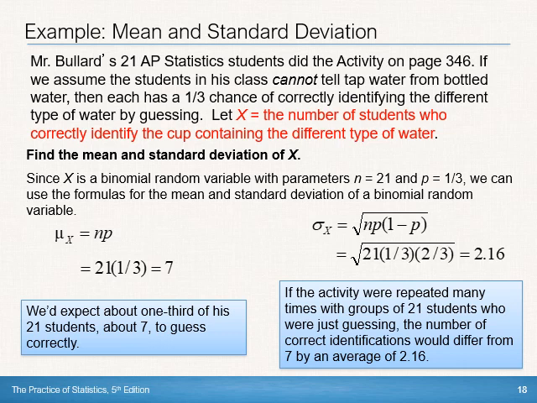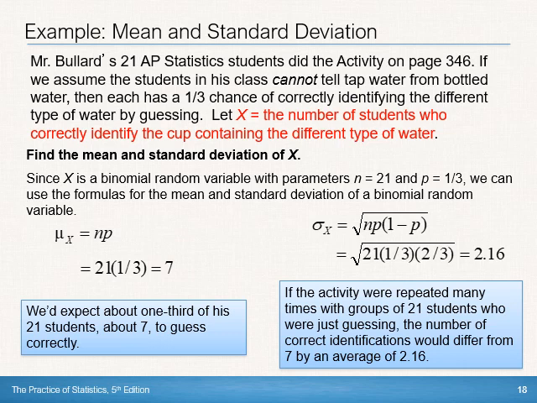So how do we interpret that? This one's a little bit harder to think about. So if this activity were repeated many times, so let's say we had lots of classes of size 21 that repeated this exact activity, and everyone was guessing at the water, then we would expect that the number of correct guesses would differ from the mean, which was 7, by about 2.16.